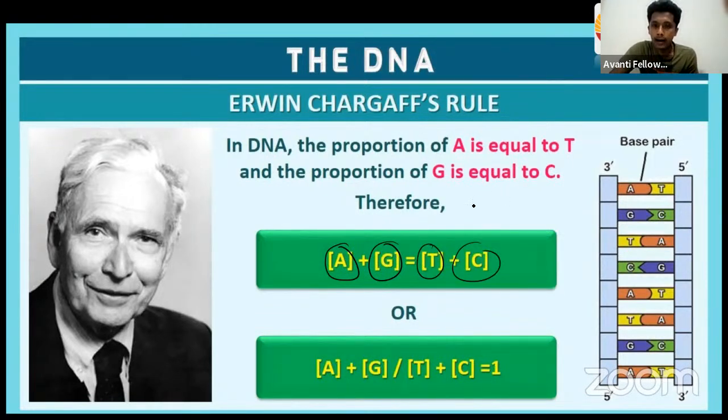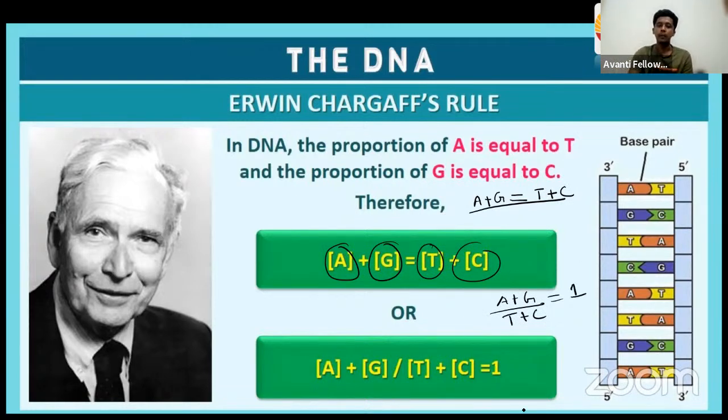So the number of adenine plus the number of guanine should be equal to the total number of cytosine and thymine in our DNA structure. Or we can put this equation as A plus G divided by T plus C equals 1. Always in a DNA structure, this ratio is constant.